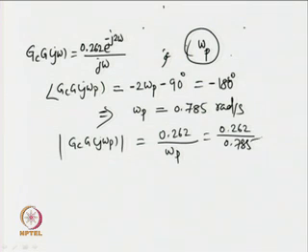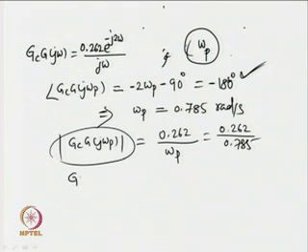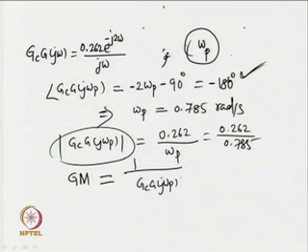Now, how much additional gain can one have, or to have unity gain in the loop when the phase is minus 180 degree, again which drives the system to the verge of instability? We have to find the inverse of this gain, and that will give us the gain margin of the system. Now, the gain margin becomes 1 upon the magnitude of GCG j omega p, which will be approximately 3.